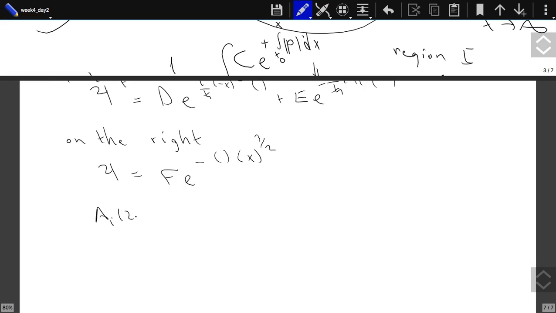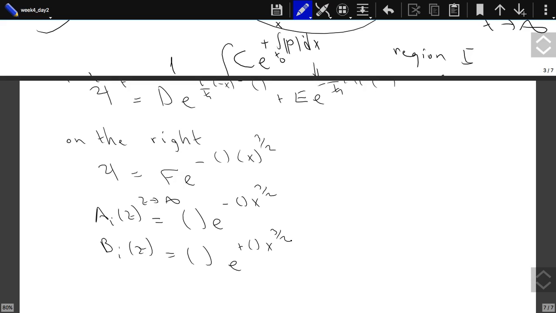Ai of z is equal to some coefficient times e to the power minus some other coefficient times z to the power 3/2 as z goes to infinity. And Bi of z is equal to some coefficient times e to the power plus the same coefficient times z to the power 3/2.